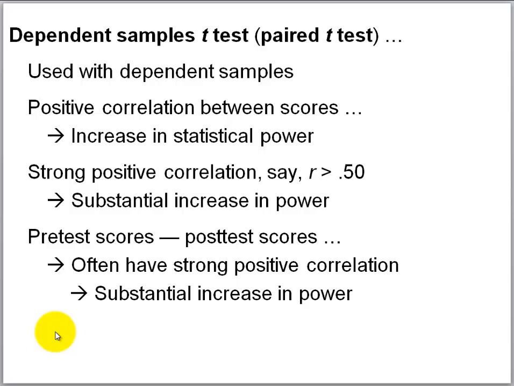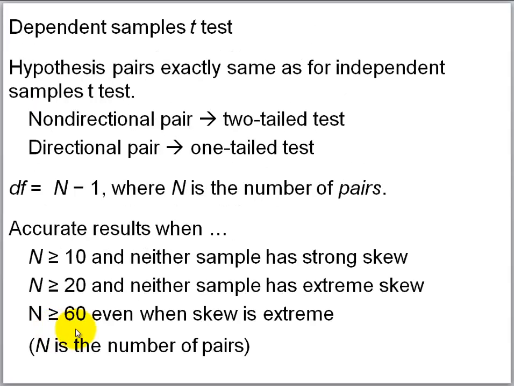So in sum, with pretest, post-test samples, we often see strong positive correlation between scores, and there often is more power than one would think simply based on the number of pairs or the numbers in the sample.